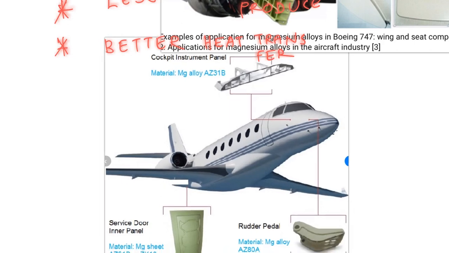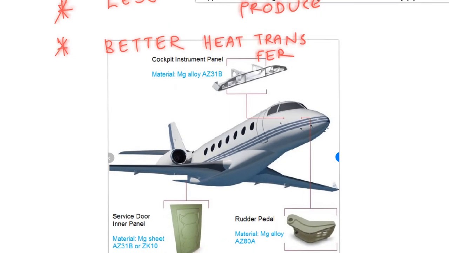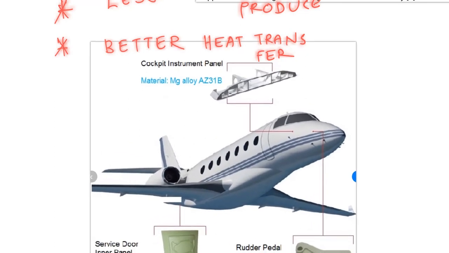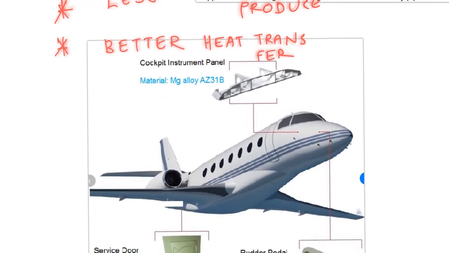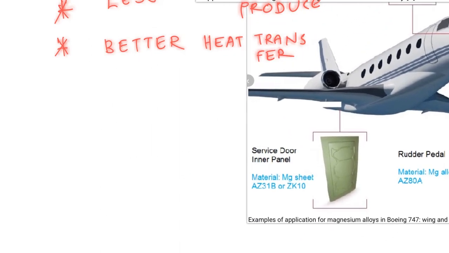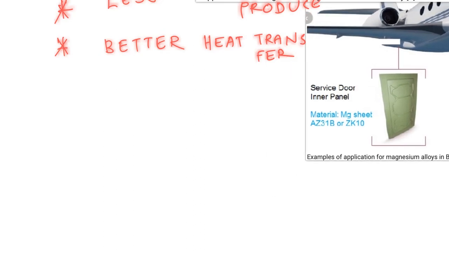Here is the other one. You can see again Boeing 747, your rudder pedal is made of magnesium alloy, and your cockpit instrument panel is made of magnesium alloy. These are a few examples where magnesium alloys are widely used in the aircraft industry.